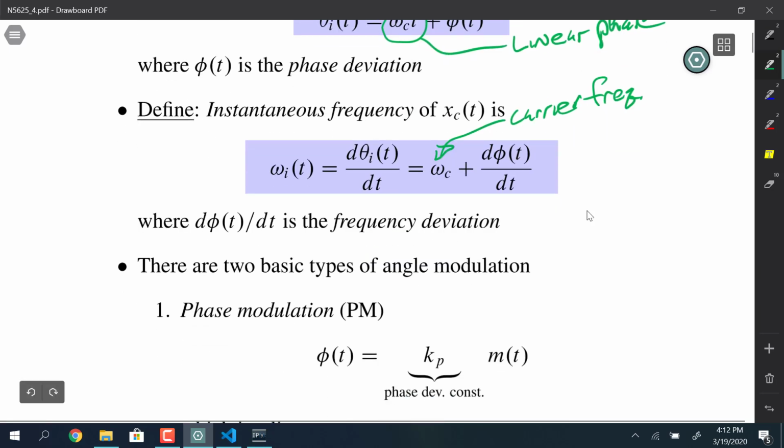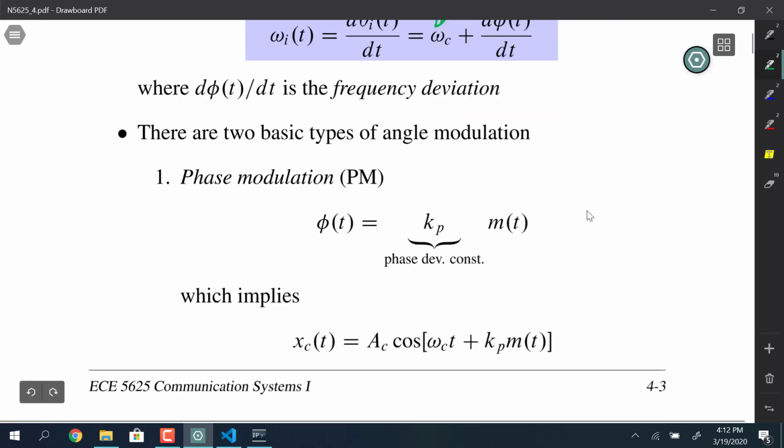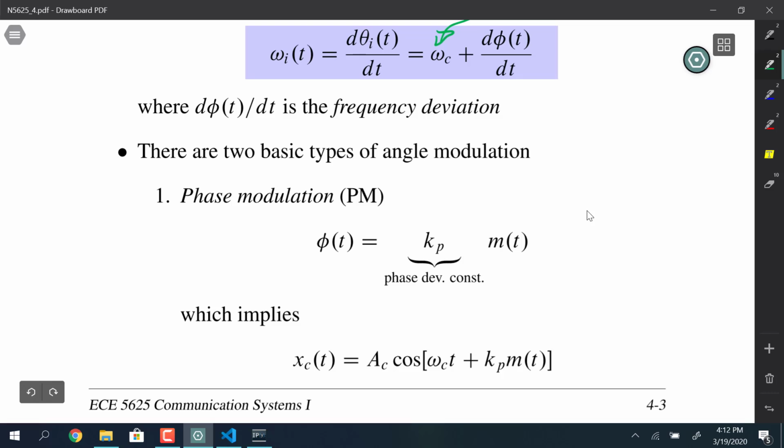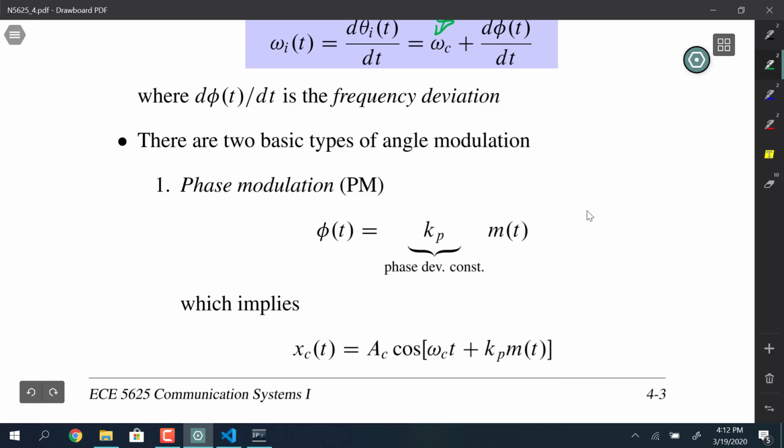carrier frequency. So there's two basic forms of angle modulation, and they really can be rolled up into one, but two different classes that way you can look at it is phase modulation, where the message is applied in terms of the phase deviation and a constant from the modulator that controls how much phase deviates with the message.